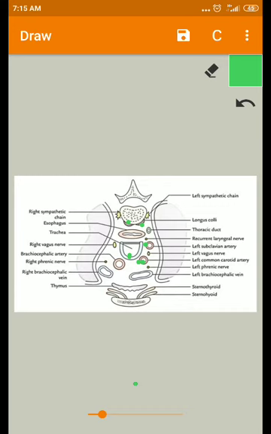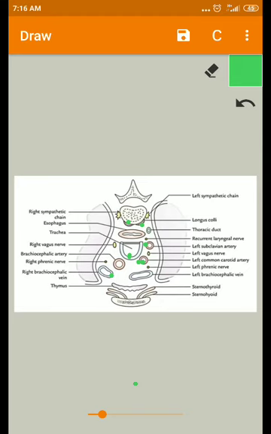Okay, and the large veins. The superior vena cava we can't see here, but its branches, the right brachiocephalic vein and the left brachiocephalic vein, we can see here. And in front of the left common carotid artery you'll have the left phrenic nerve.